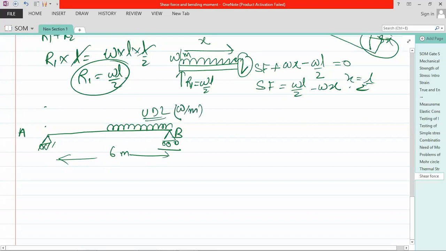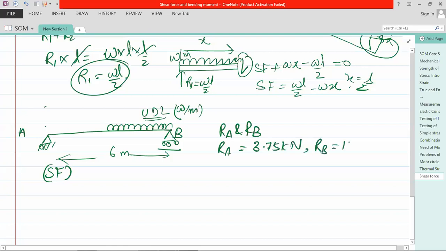Now you have to obtain the shear force diagram, SF. First of all, reaction forces RA and RB we need to find. Then what is RA? I am writing it directly. Please solve it on your own. RA is 3.75 kilonewton, and RB is equal to 11.25 kilonewton.